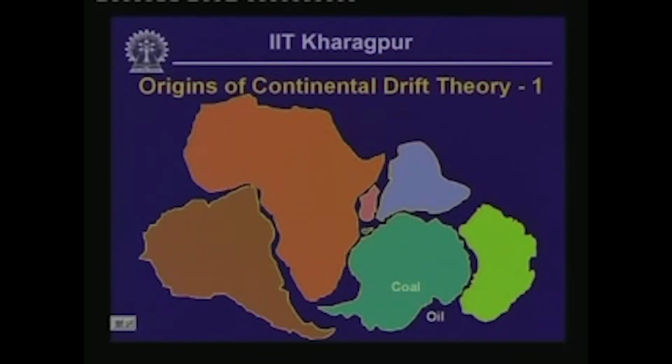Now, if you could imagine from your general knowledge, coal is a deposit that forms from the decaying of plant matter, and such is the case with petroleum as well, where decay of organisms is the process responsible for the development of the reservoirs of petroleum.